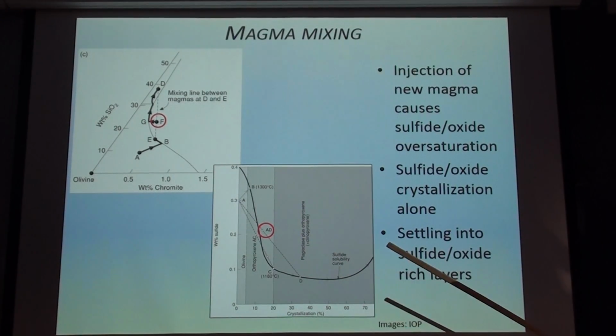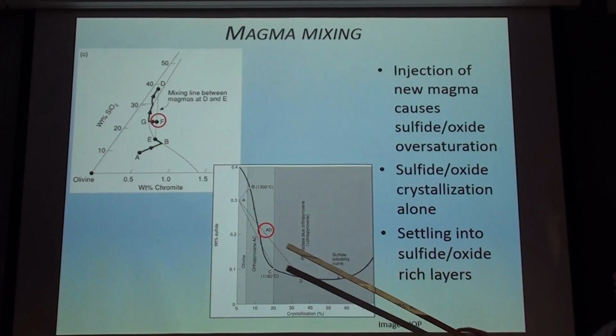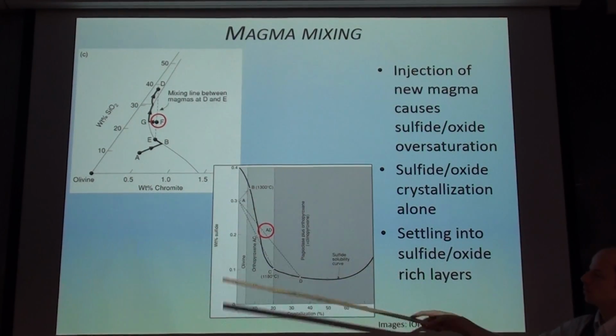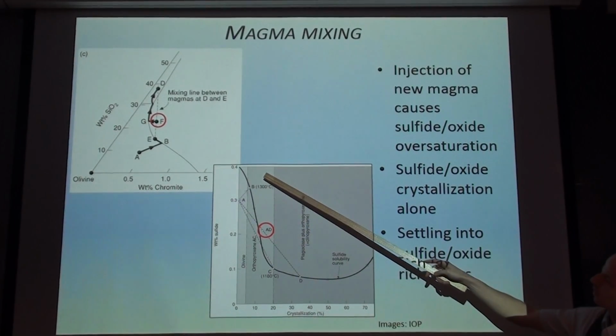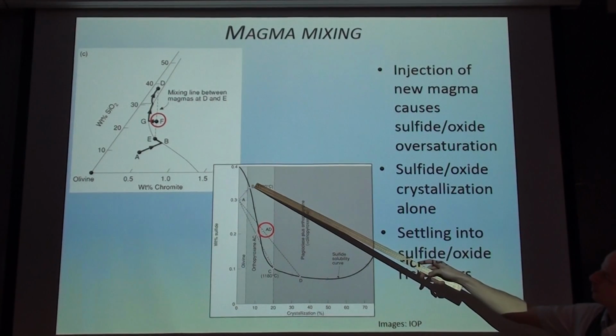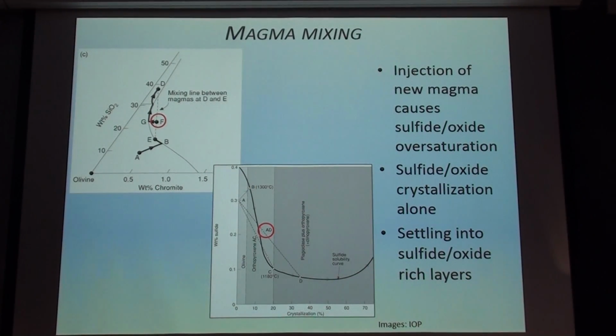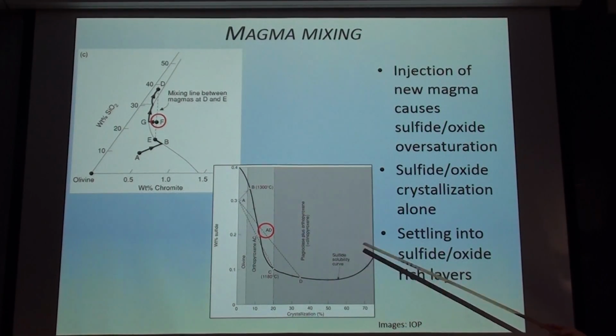Crystallizing only olivine leaves the sulfide dissolved in the melt and concentrates it, so it enriches the melt in sulfide up to the point where the concentration of sulfide hits the solubility curve.